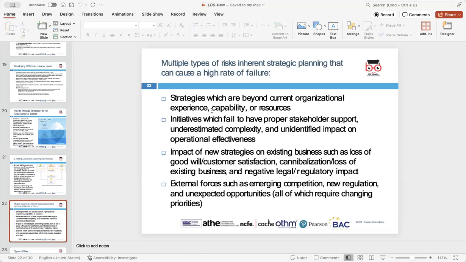External forces such as emerging competition, new regulations, and unexpected opportunities can also impact strategy implementation. These forces may require the organization to change its priorities, adapt its resources, or modify its strategic goals. So by recognizing these challenges, organizations can better prepare for the complexities of implementing new strategies.